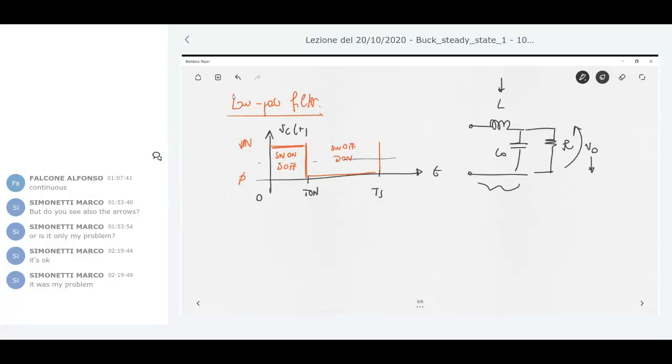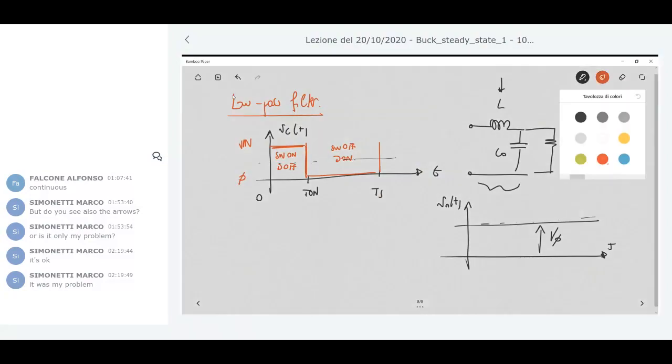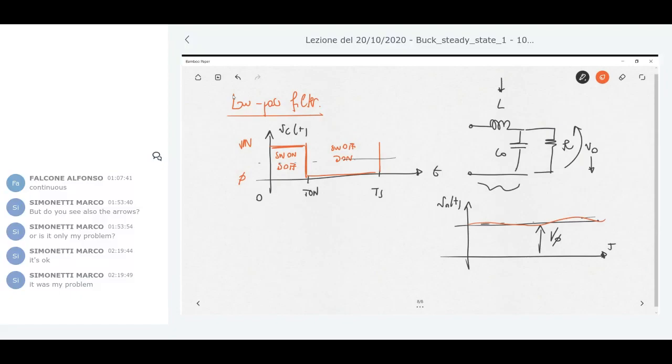So what does it mean? If you look at the output voltage, V naught versus T, you do not have something which is constant like this one. It can have a behavior like this. So we can say that V naught as a function of T has a DC component plus an AC component.